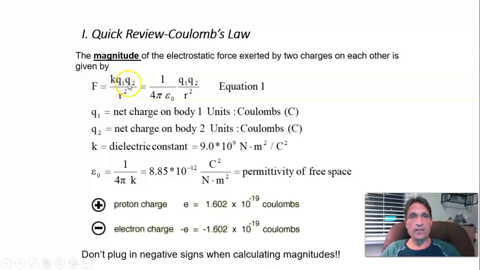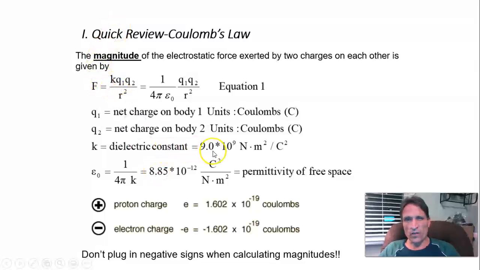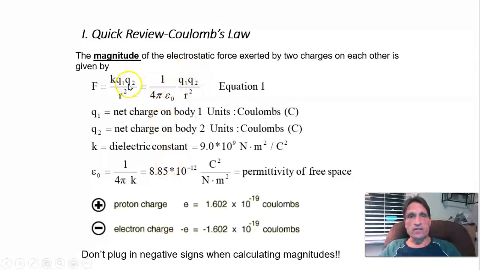It's the product of their net charges, divided by the square of the distance between them, and then this constant K, which is called the dielectric constant, or sometimes this is expressed as 1 over 4 pi epsilon naught. They're both the same magnitude. 1 over 4 pi epsilon naught is K. So it's just the constant in front of these charges and the square of the distance.